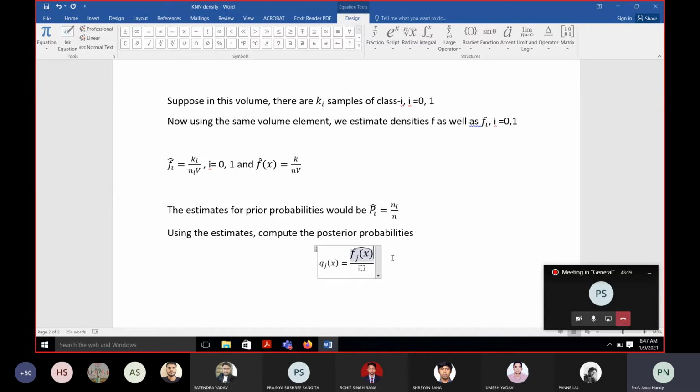This is the Bayes rule. So now we are computing the posterior probability, that is f hat(x|j) into pj.